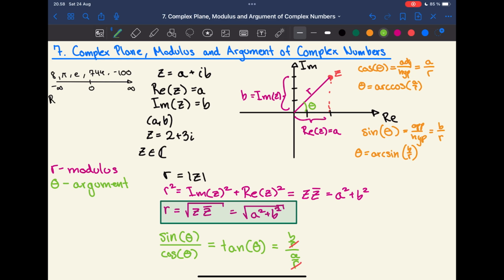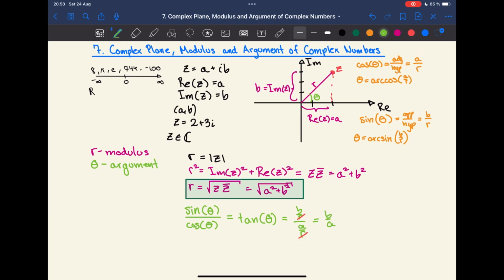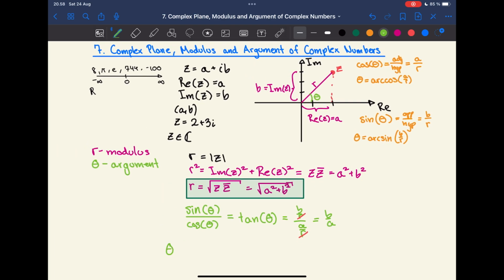So if you just write that, then we have, it's just equal to b over a. Perfect. And now of course we can take the inverse, and then we have an expression for the argument. So the argument is just arctan of b over a.